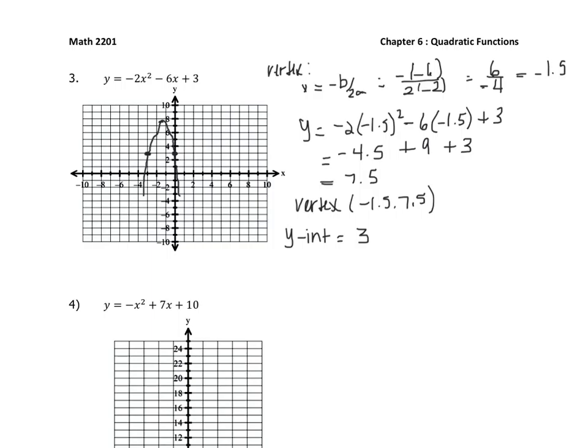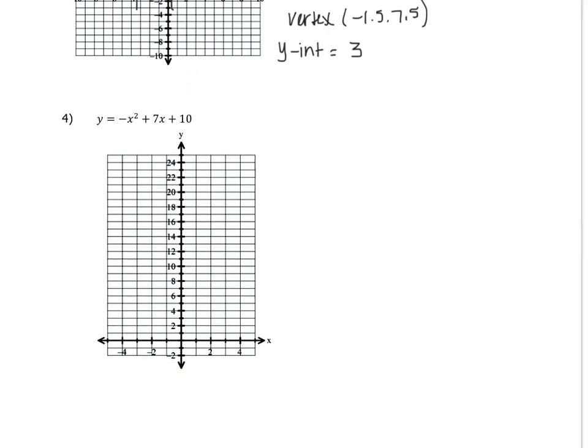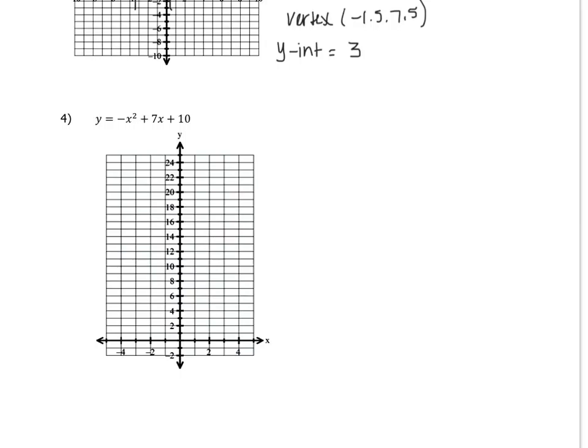Alright, the last one here now has y equals -x squared plus 7x plus 10. So again, for the vertex, we want x equals -b over 2a, which in this case would be -7 over 2 times -1, which would be 7 over 2, because the negatives would cancel each other out, and that's 3.5.